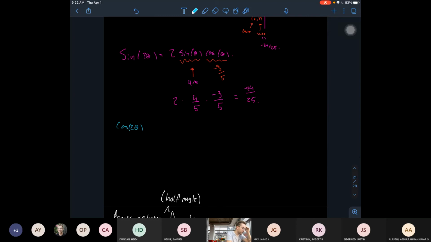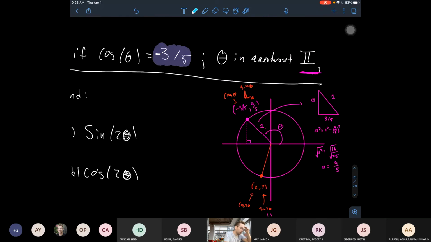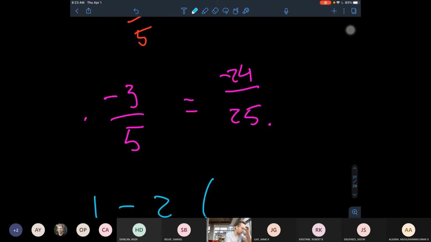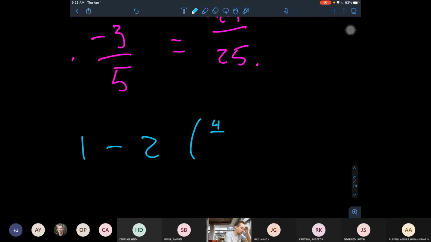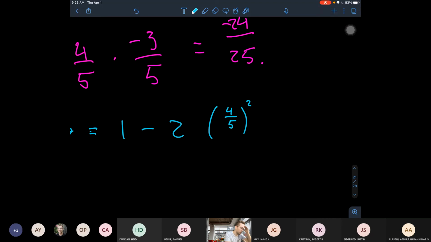I know that cosine of 2 theta is going to be equal to 1 minus 2 sine squared of theta. Well, I know that's 1 minus 2 times, well, sine of theta is the y value of the pink point, which I already established is 4/5. So I take it and I square it. And what do I get?